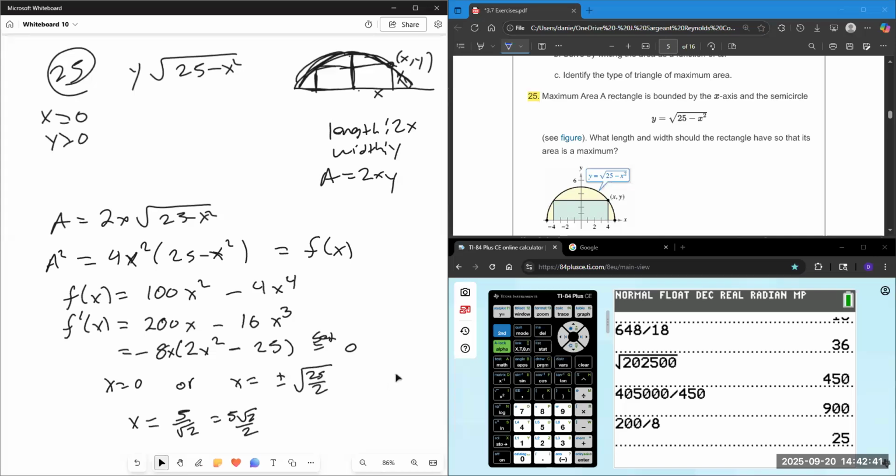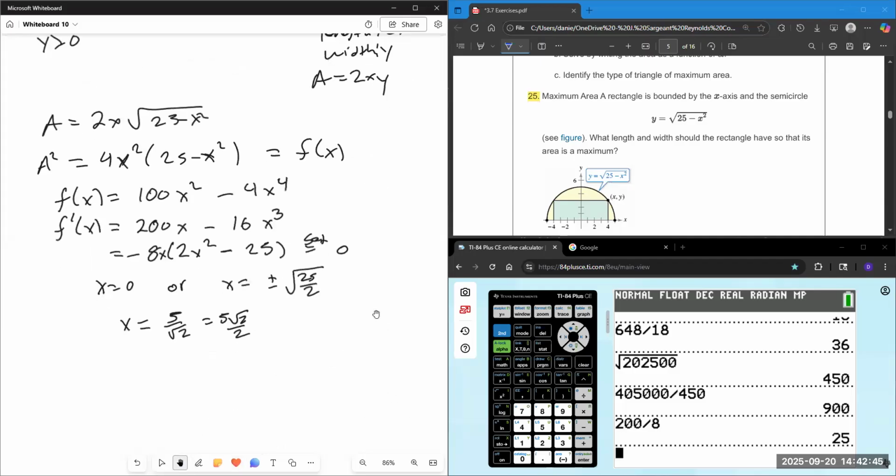Let's use my second derivative test here to prove that this is a maximum. So this is 200 minus 48x squared. It's 200 minus 48 times 5 over root 2 squared.